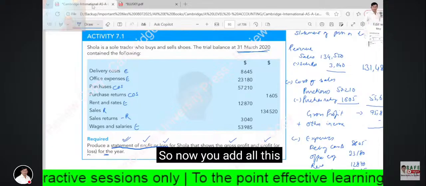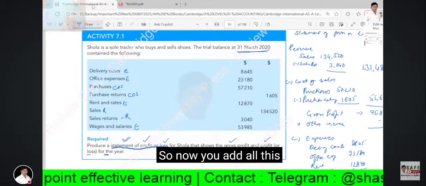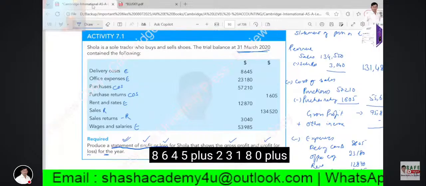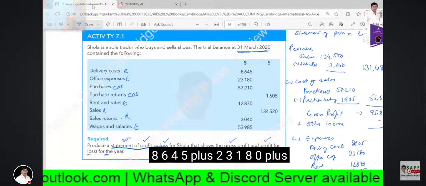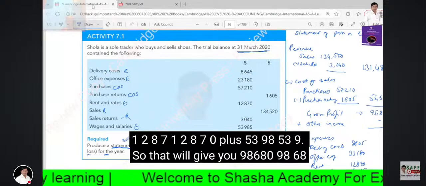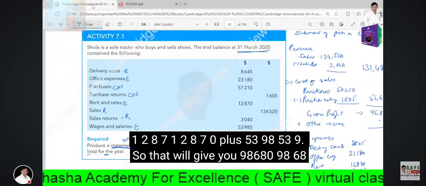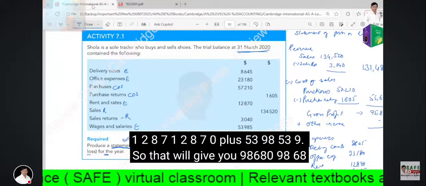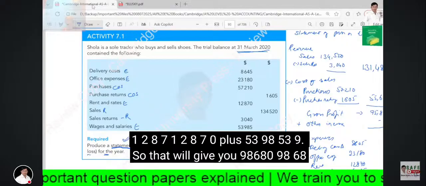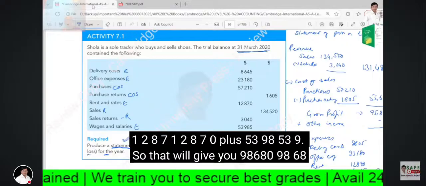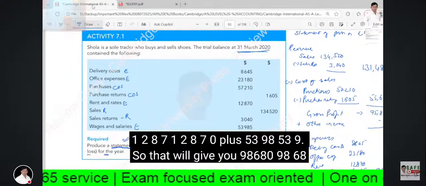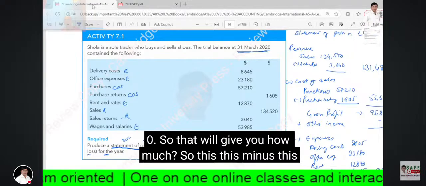So now you add all this. So that will give you how much?